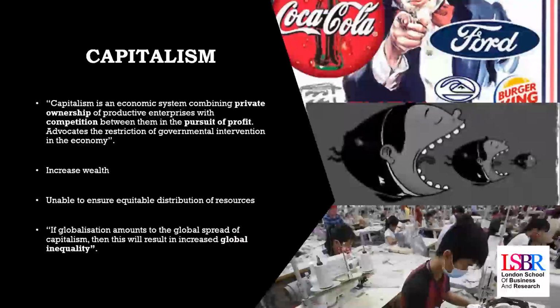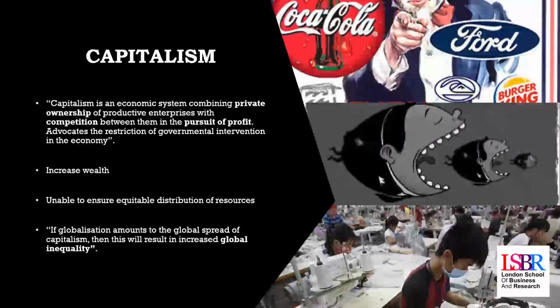So let's start off by looking at capitalism. So firstly, let's define capitalism. Essentially, it's an economic system that combines private ownership of productive enterprises with competition between them in the pursuit of profit. So very much what you would probably recognize in most corporations today.